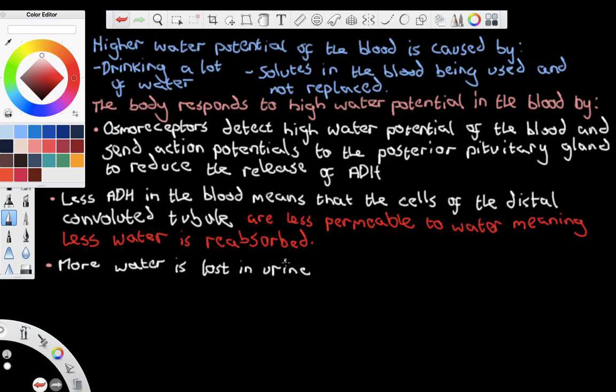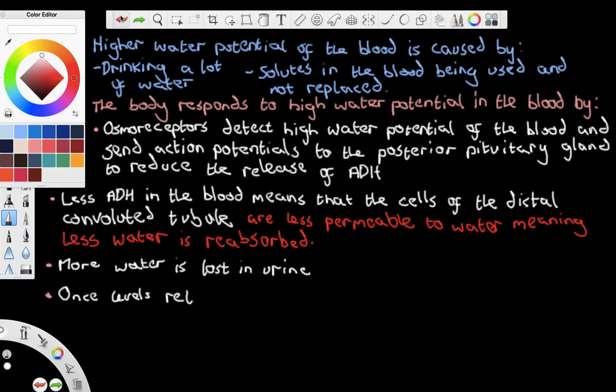And we can also say that once levels return back to normal, in fact, we'll make that a bit more specific.